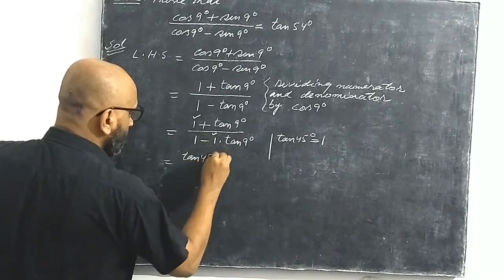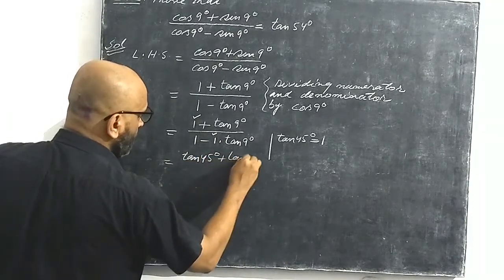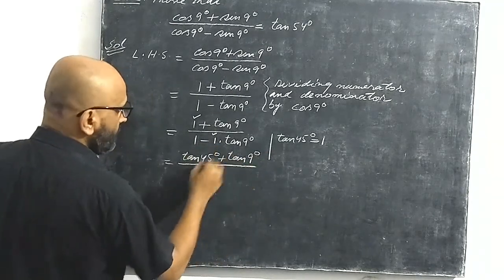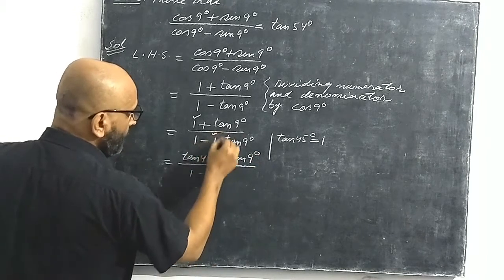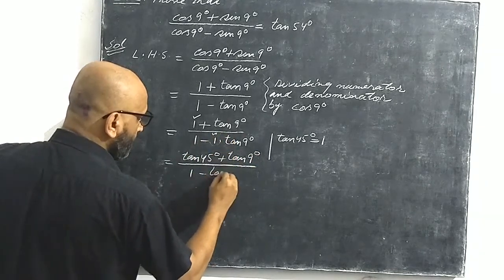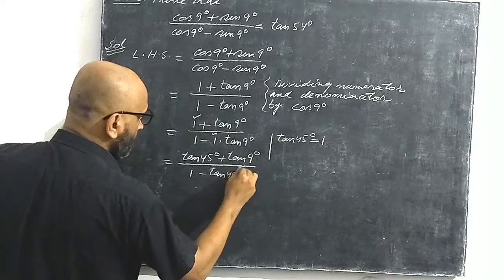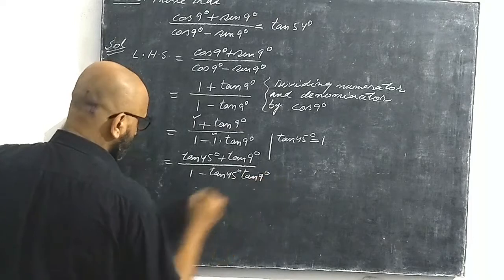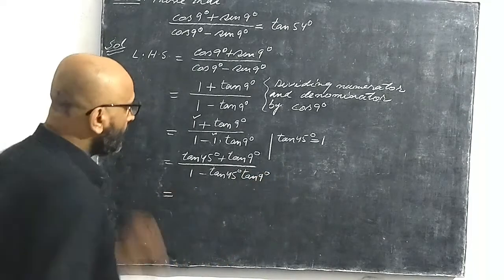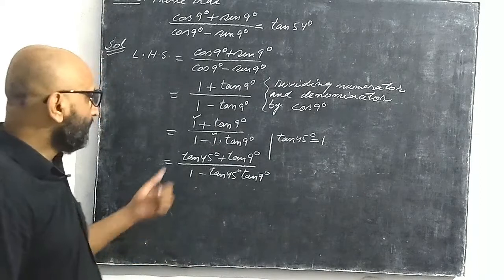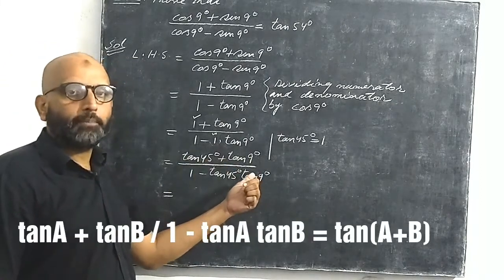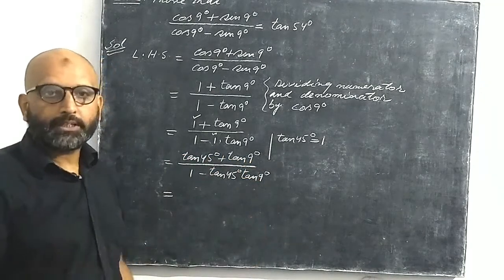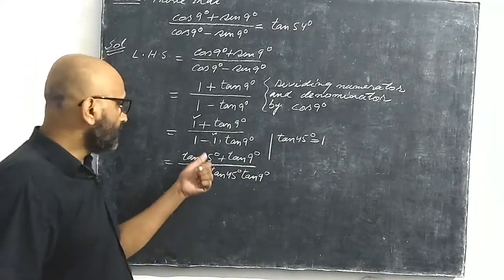Tan 45 degree plus tan 9 degree upon 1 as it is minus, replace this 1 by tan 45 degree into tan 9 degree, is equal to, as you know well, tan A plus tan B upon 1 minus tan A tan B is equal to tan A plus B, because the angles are the same.